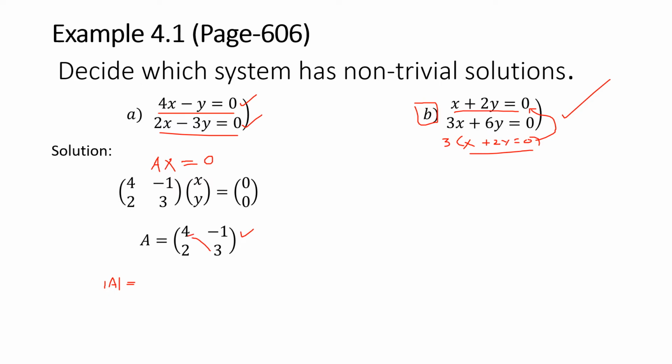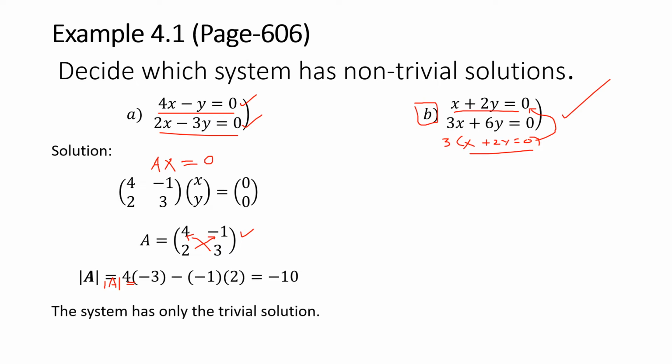Anyway, multiply these two, 12, minus multiplying these two, minus 2, so 12 plus 2, 14 is coming, I think. Oh, 10 minus 10 is coming, which is not 0. When it is not 0, then it has a trivial solution.